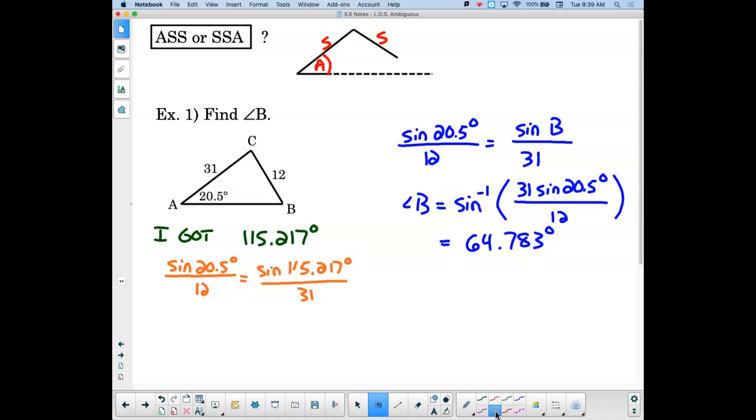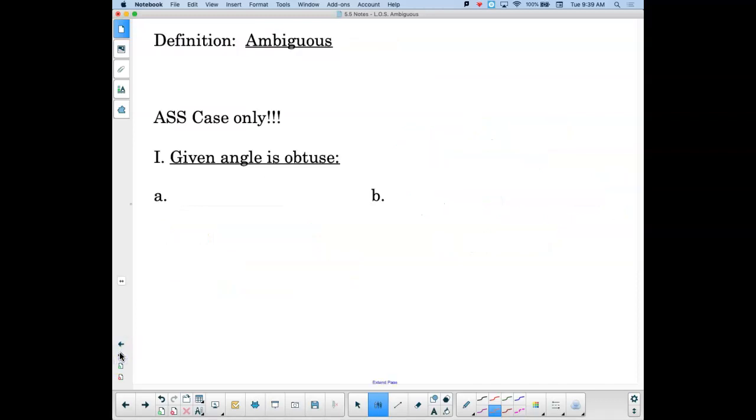So let's talk about the ambiguous case. The word ambiguous means that it's open to more than one interpretation.